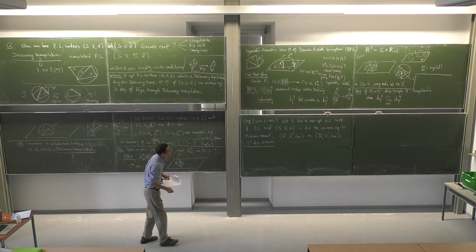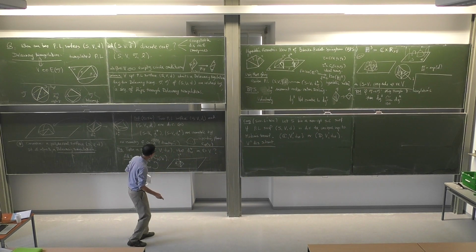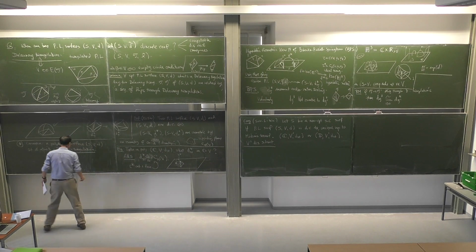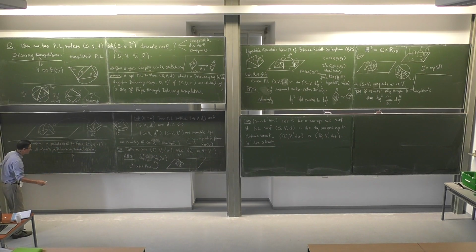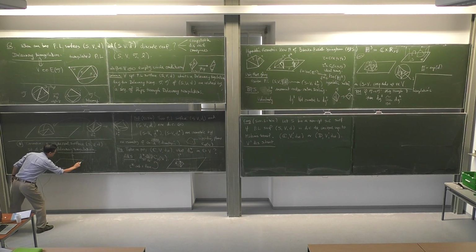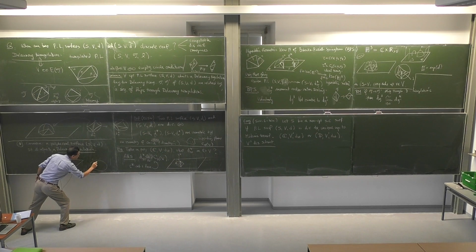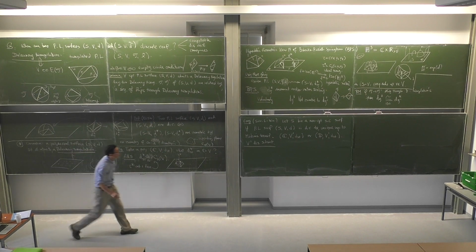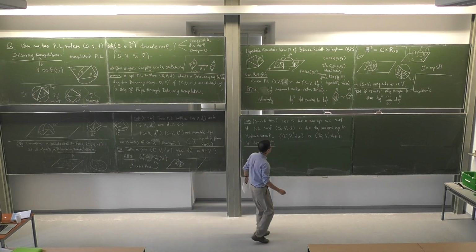Okay, so that's the discrete uniformization conjecture that every simply connected polyhedral surface always looks like some discrete set in C, or the complex plane, a discrete subset here.